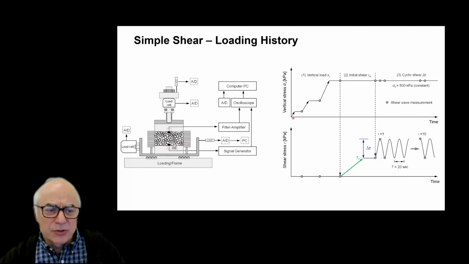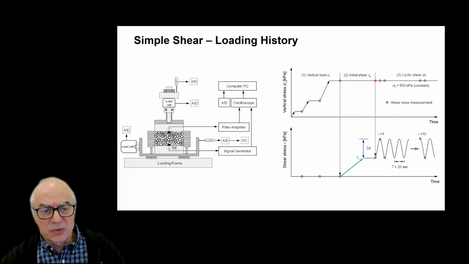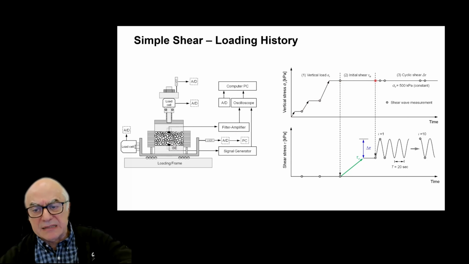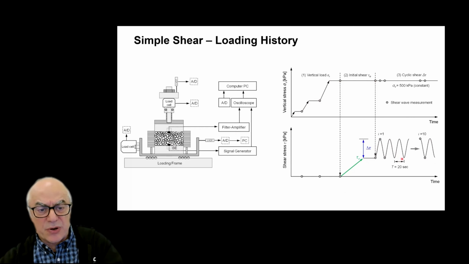And we are going to apply the load in steps, the vertical loading. Then we're going to impose a deviatoric amount of shear loading, which is going to bias the accumulation. And from that deviatoric amount of shear, we're going to start the cycles of shear stress.